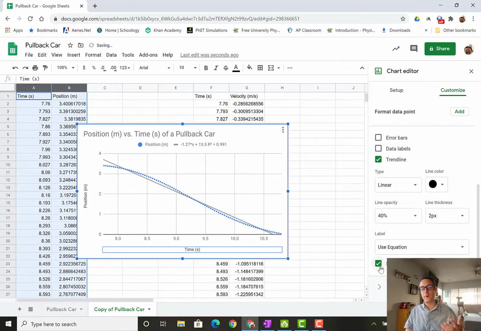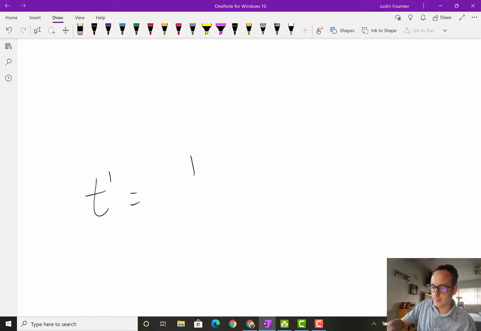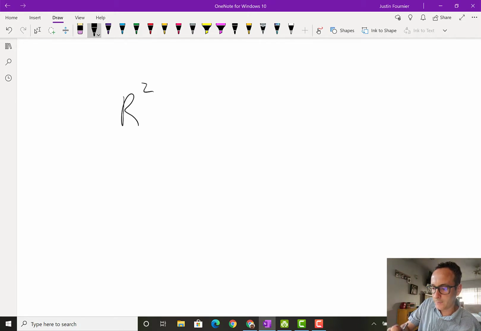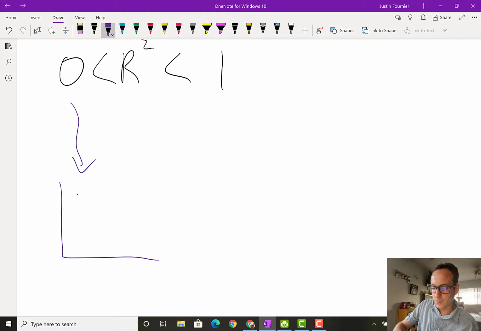An R squared value is a value that basically tells you how good your line fits that data. It's a number between 0 and 1. A number like 0, if I had a graph, would be the graph looking like this, and here's my trend line. This would be an R squared close to 0.